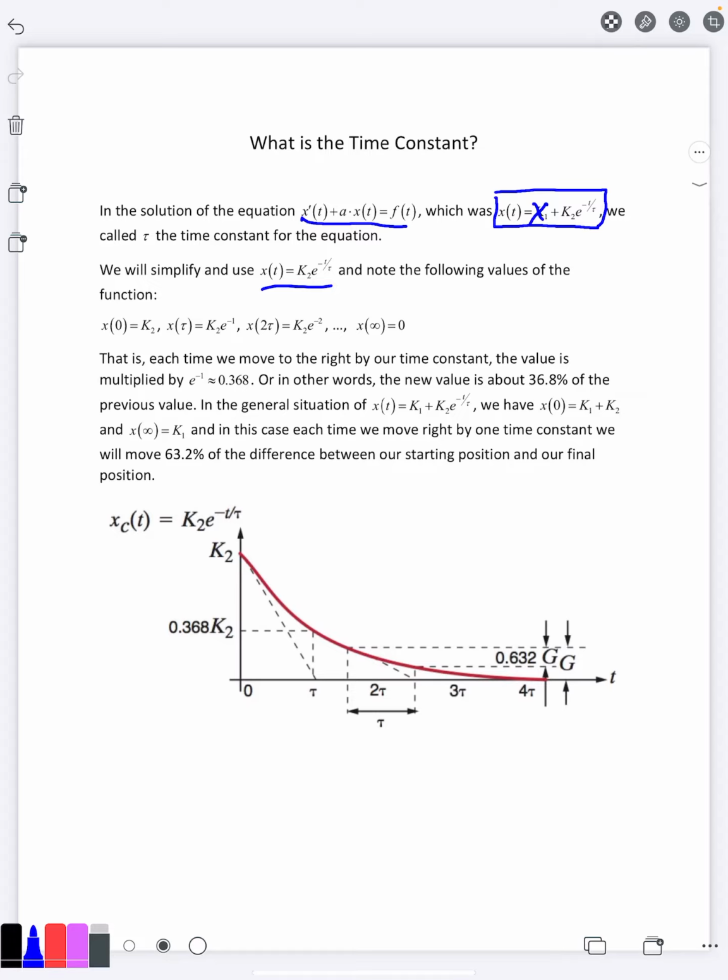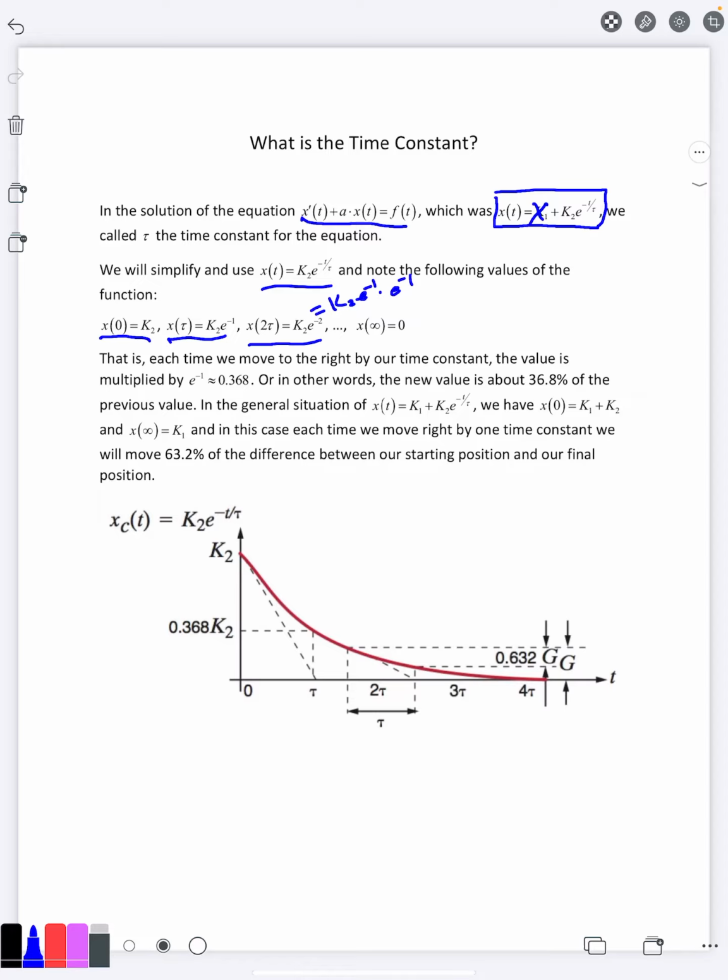And then let's see what happens here. If we plug in 0 into our function, we get the value k2. If we plug in 1 tau, 1 time constant, we get k2 e to the negative 1. If we plug in 2 time constants, we get k2 e to the negative 2, which is the same thing as k2 e to the negative 1 times e to the negative 1.